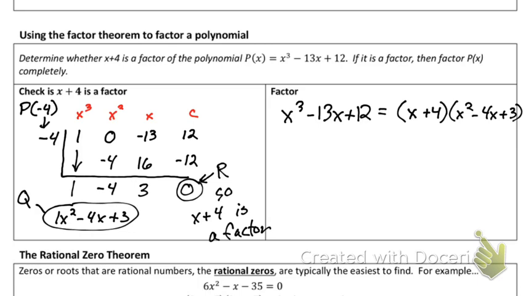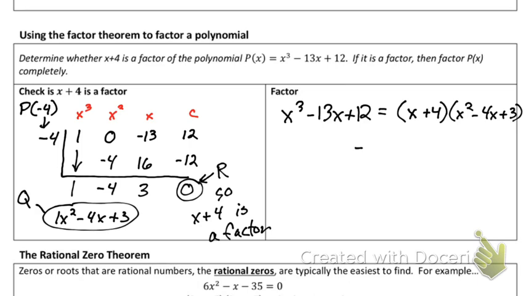Completing the square doesn't work for cubic functions either. Our whole goal today is to turn something like x cubed into something we've used before, a quadratic.